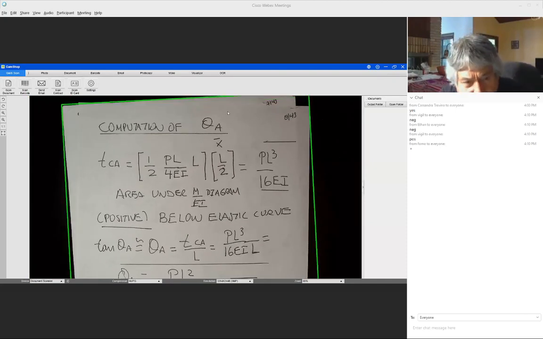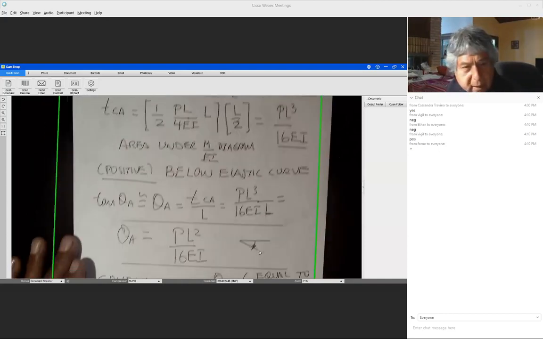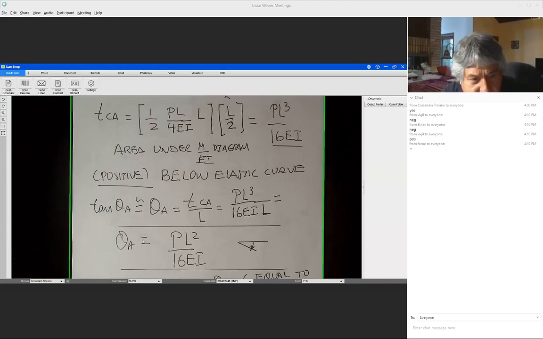Based on a positive area times the distance, it means it is below the elastic curve. So the tangent of theta A, almost the angle, is TCA over L, PL cubed over 16 EI divided by L. So theta A is PL squared over 16 EI in this direction.